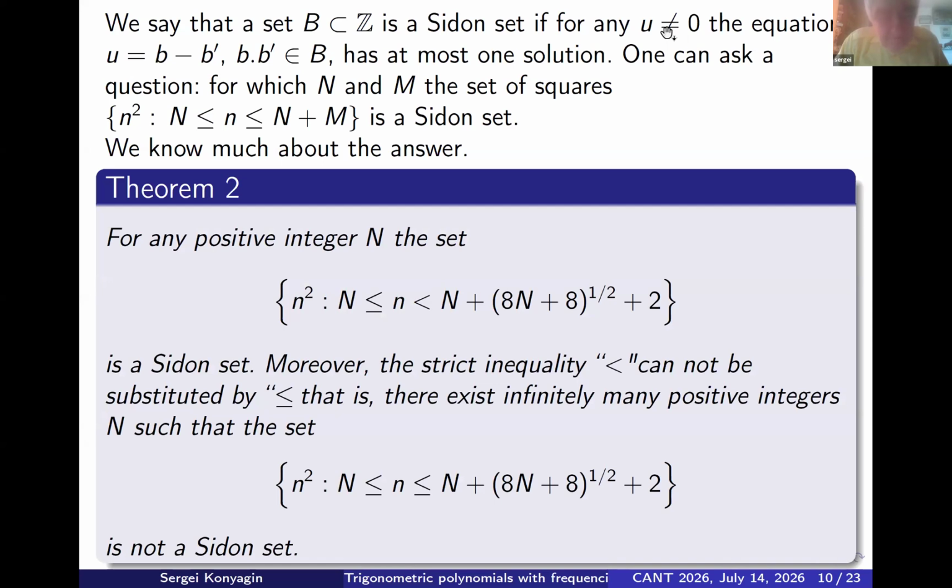We have the following result: if small n is greater than or equal to capital N but less than this bound, then this set is a Sidon set.